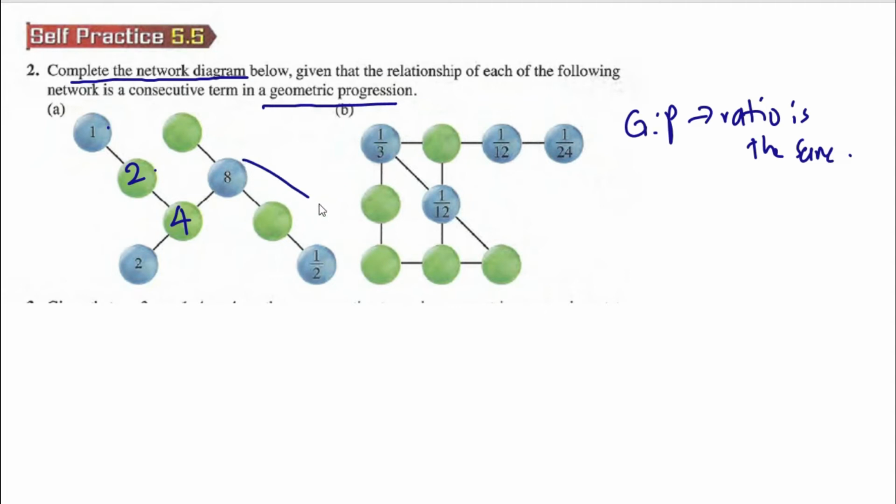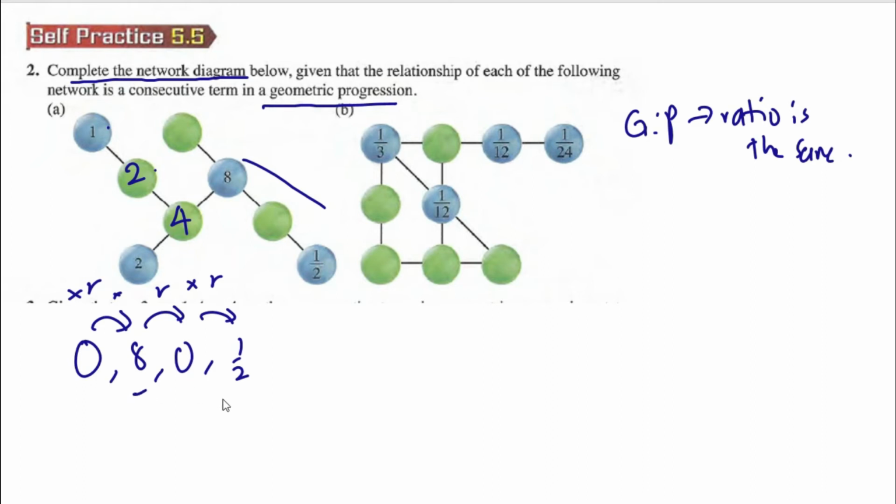So we have this one straight line. So we have box, 8, box, half. So this one is times r, so times r, times r. So we can try to do this. So 8 times r times r is equal to half. So 8r square is equal to half.